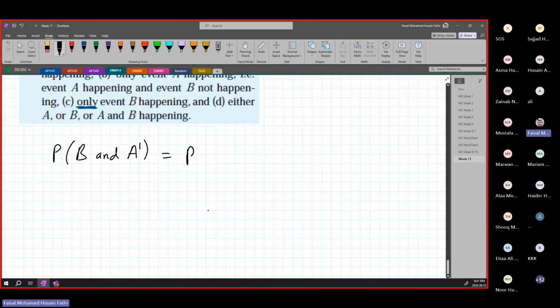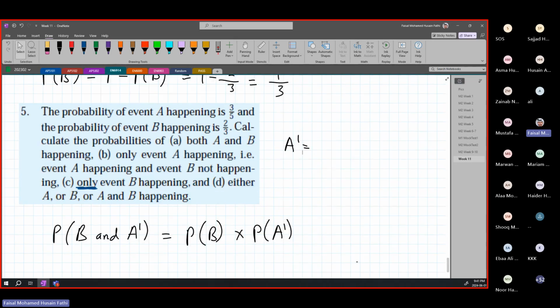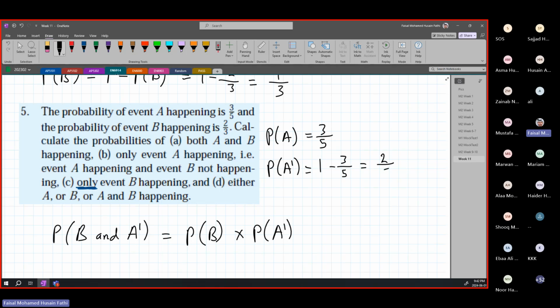So again, it's going to be P of B times P of A prime. Remember our A in the question, the probability of A. P of A is equal to 3 over 5. So P of not A is going to be equal to 1 minus 3 over 5, which is equal to 2 over 5. And then we have P of B, which is equal to 2 over 3.